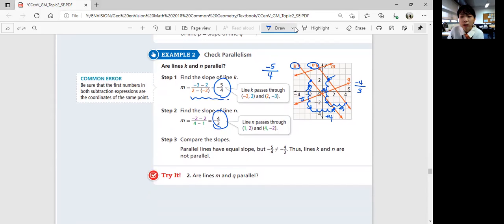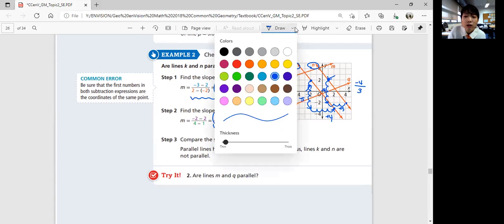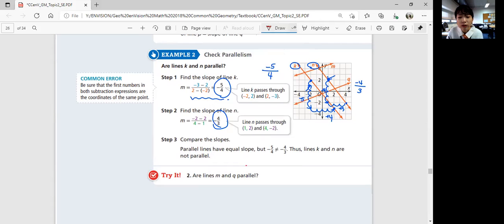All right, first, let's check answers. First, you need to find the slopes of M and Q, right? You can count them or you can use the equation of the slope. So first, you're going to pick a point. What's a good point for line M? We have (-4, 3). And is (-1, 4) a good point? Yes.